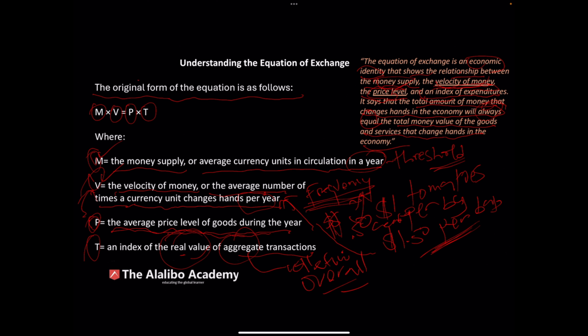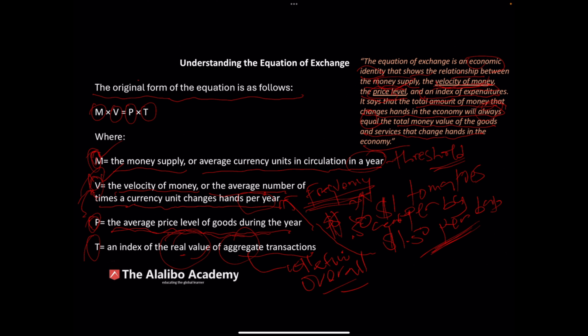The M, which is money supply, and the V, which is velocity, can be seen as the average currency units in circulation in a year. And then we multiply that by the average number of times each currency unit changes hands, right? Very important. And that's the multiplication here.